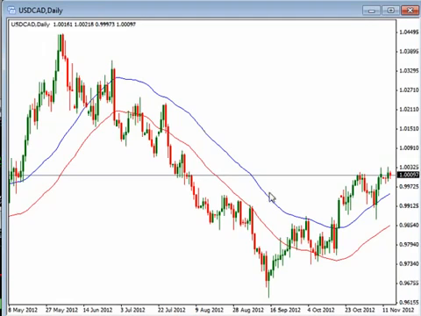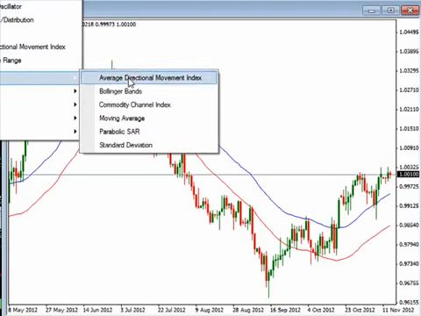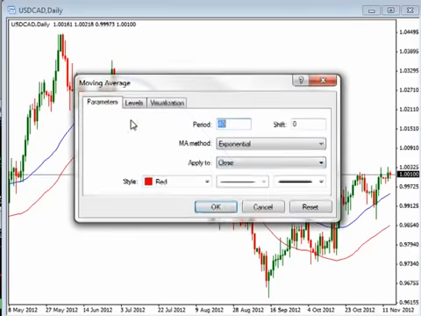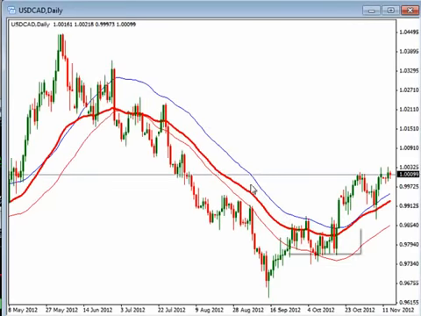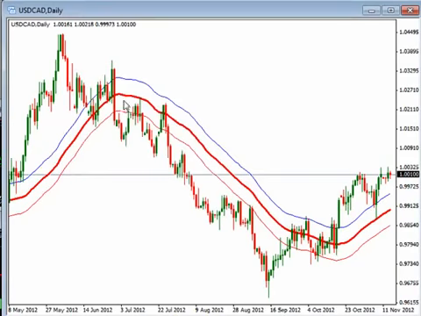Looking at this, let me just put on here a regular simple moving average of 40. And you can see how this goes above and below that 40 period. So this is the envelope with a 0.5% deviation from that.